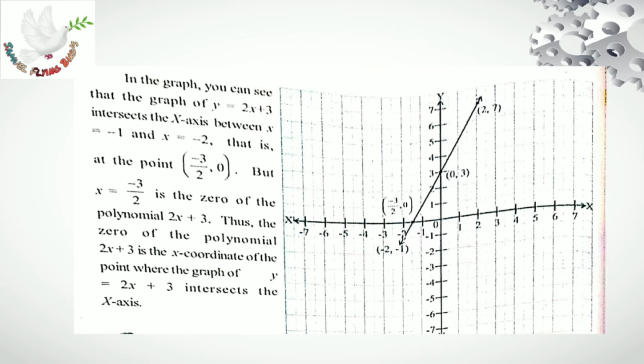Thus the zero of the polynomial 2x plus 3 is the x coordinate of the point where the graph of y equal to 2x plus 3 intersects the x-axis.